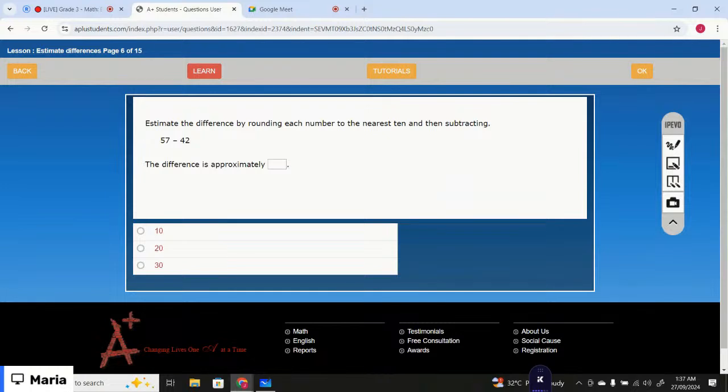Estimate the difference by rounding each number to the nearest 10 and then subtracting: 57 minus 42. So which is the correct option? The correct option is 20. Option number 2 is the correct option.